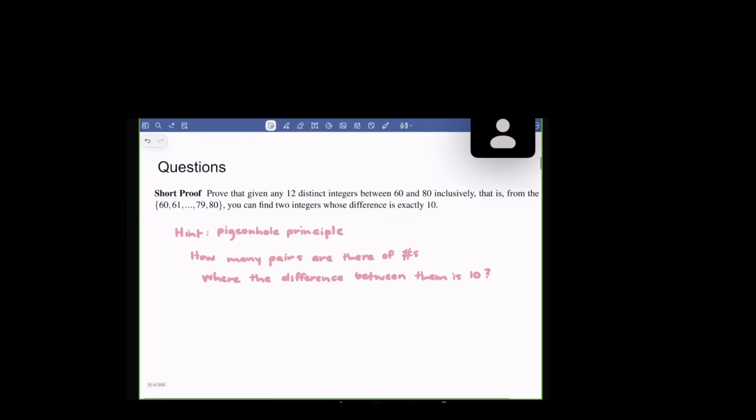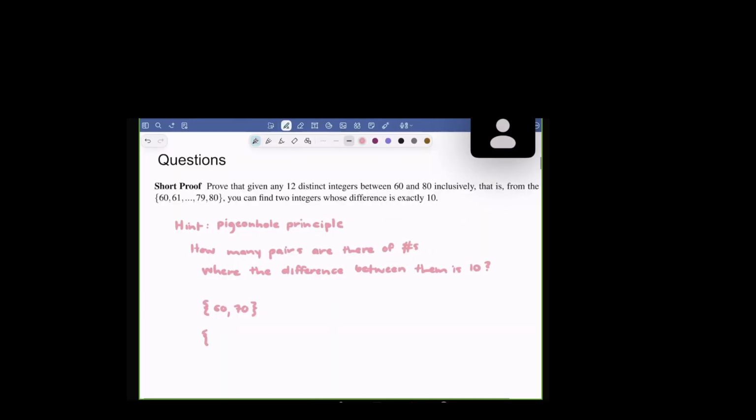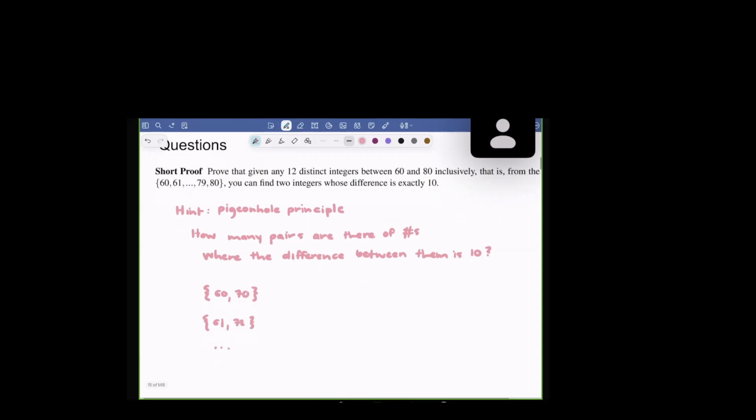For example, 60 and 70, 61 and 71, and so on, all the way to 70 and 80, right?